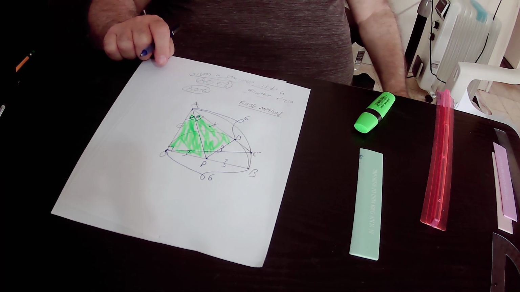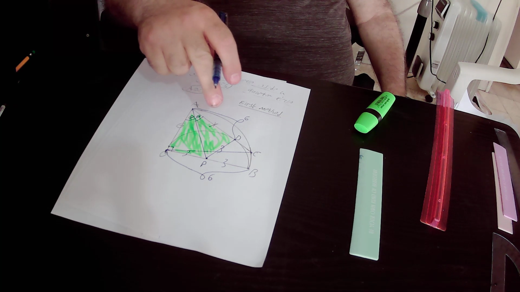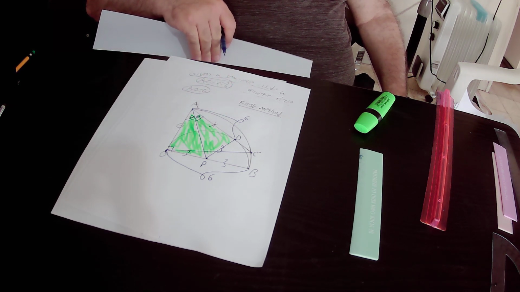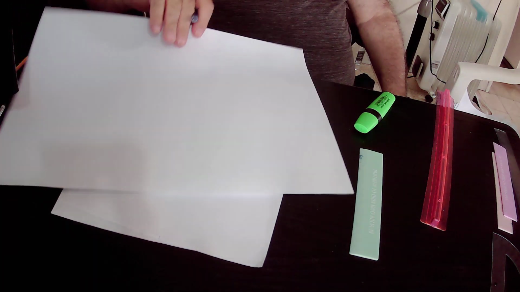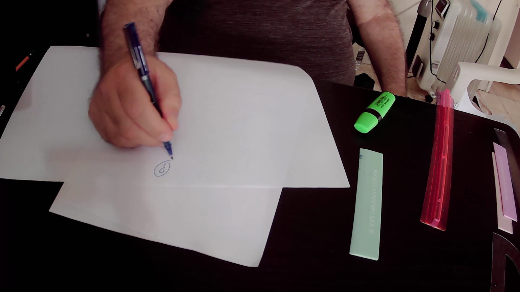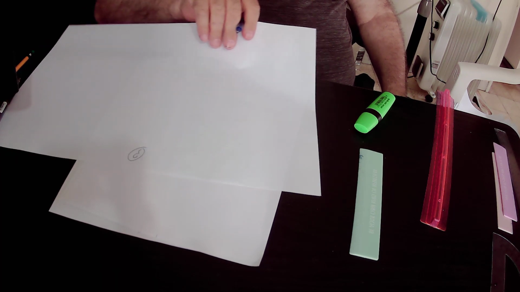So I will present to you the law of cosines, and then we will implement it in this triangle AOC. So what is the law of cosines? First of all, the law of cosines is true in any triangle.